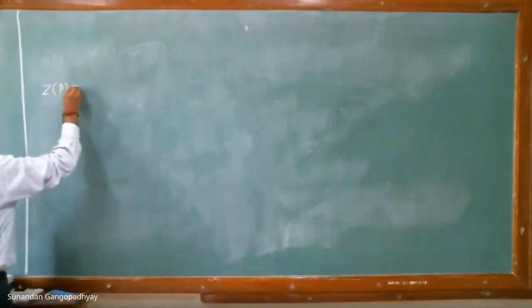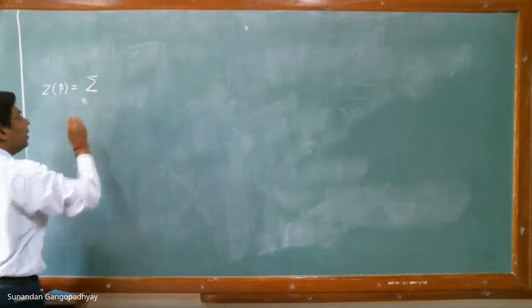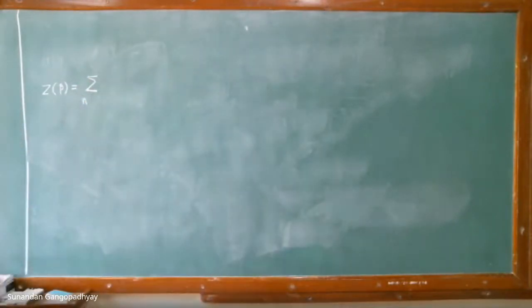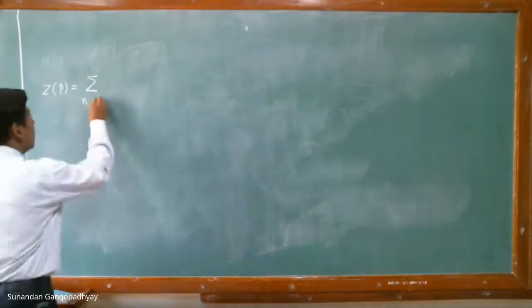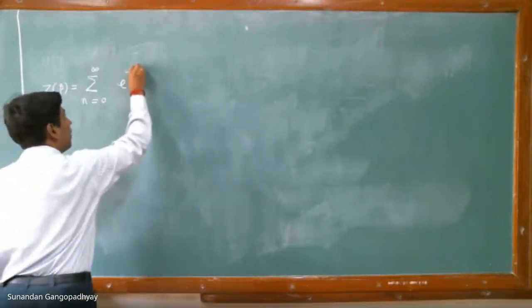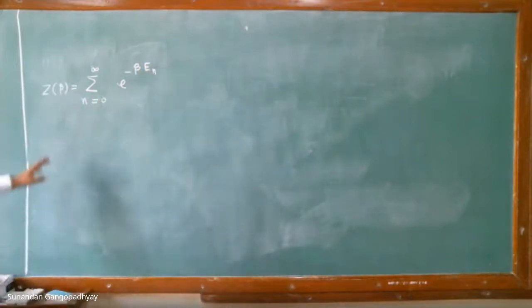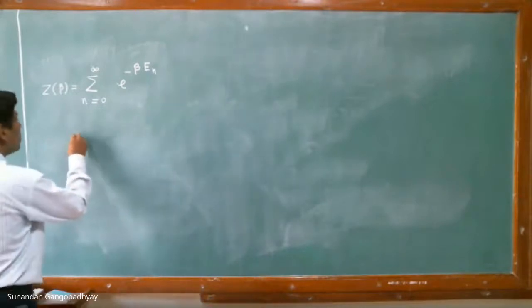So we know Z beta is a summation over n from 0 to infinity. So let's look at the partition function of a one-dimensional quantum harmonic oscillator, and we know that it is given by this, and we know the energy eigenvalues.